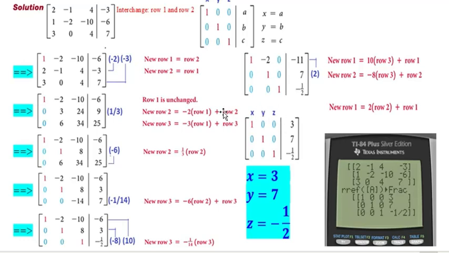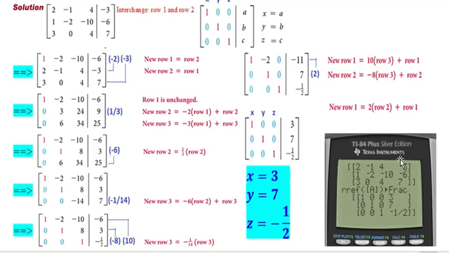You can create a matrix called A, which is 2, 1, 3, minus 1, minus 2, 0, 4, minus 10, 4, minus 3, minus 6, 7, and this is in TI-84 Plus.